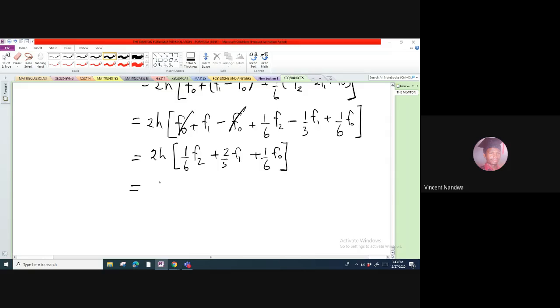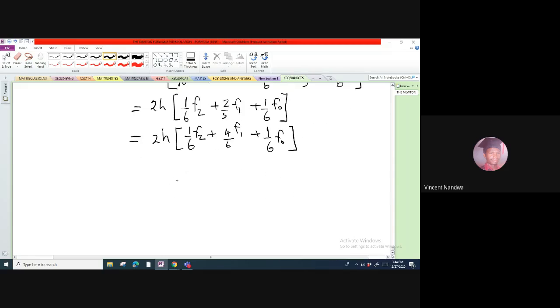This is the same thing as saying I can write this as 2h into 1 over 6 f2 plus 4 f1 over 6 plus f0, just to ensure that I have the common denominator 6, and then I factor it out, so I have 2h over 6 into f2 plus 4 f1 plus f0.